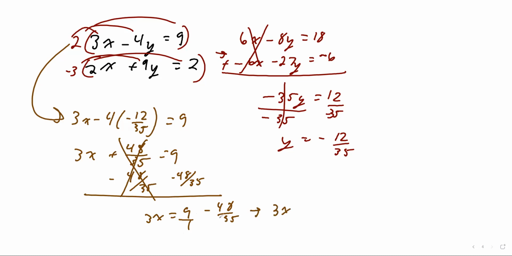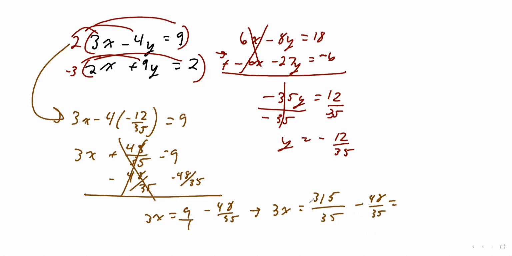So it looks like I have 3x equals 35 times 9. 5 times 9 is, wow, 45. Okay, then 9 times 3 is 27, plus the 4 is 31 over 35 minus 48 over 35.